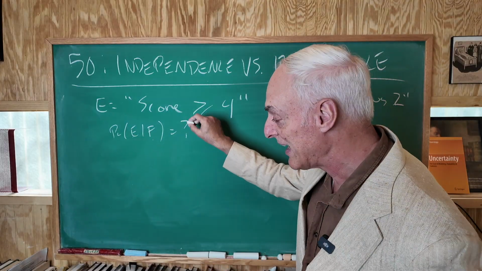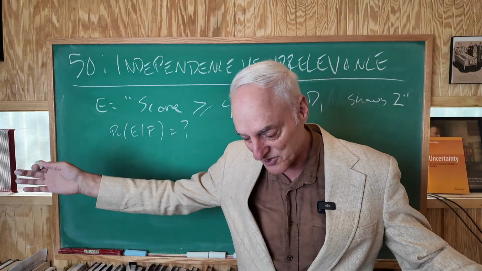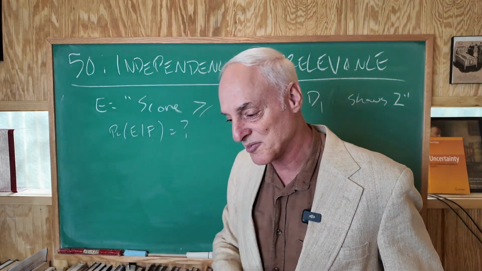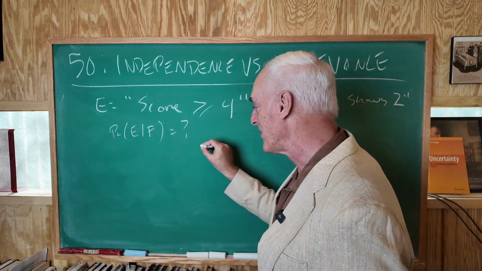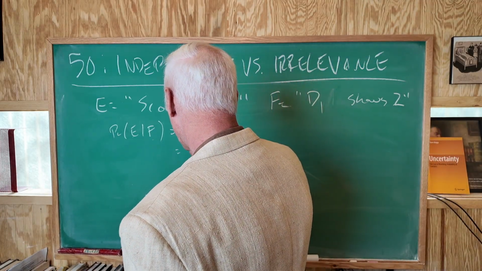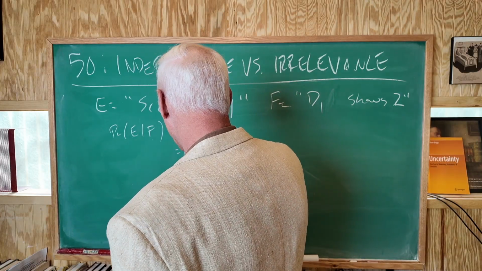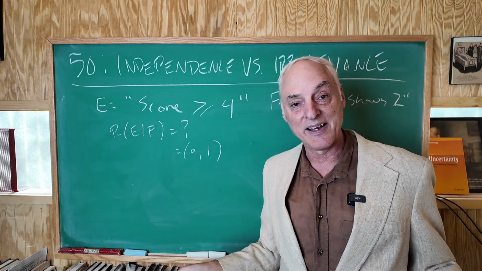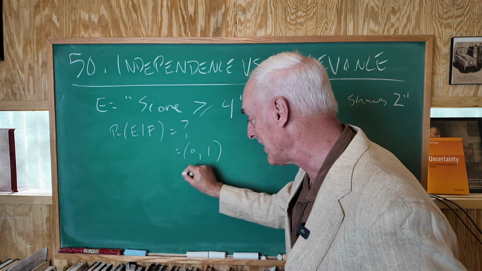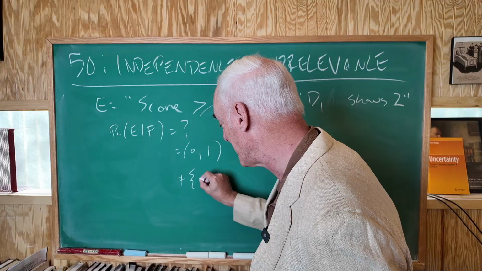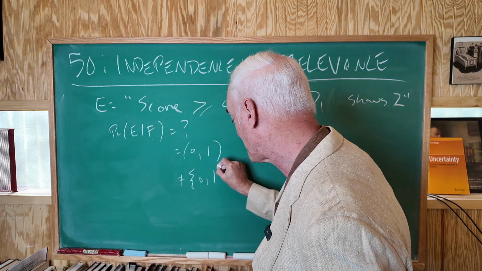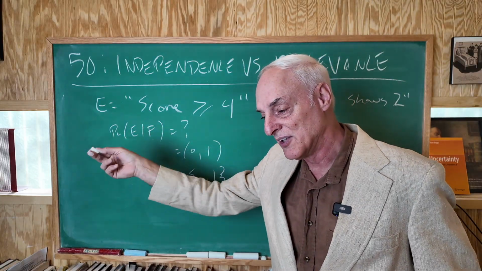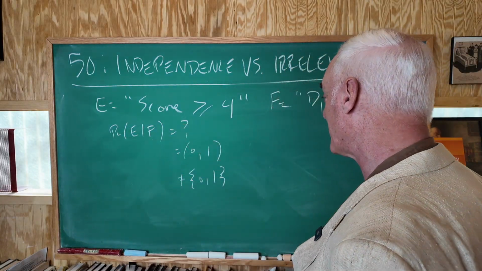The universe does not have to be such that the score is necessarily greater or equal to 4 or less than 4 or any other number. So this, we might say, equals the entire unit interval, just to emphasize that E is contingent. It's not strictly 0 or 1, because we can't infer that E is certainly true or certainly false given F.